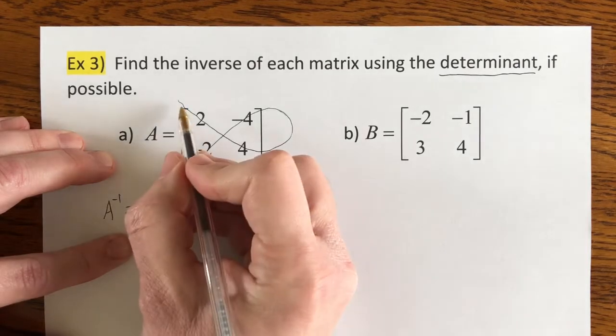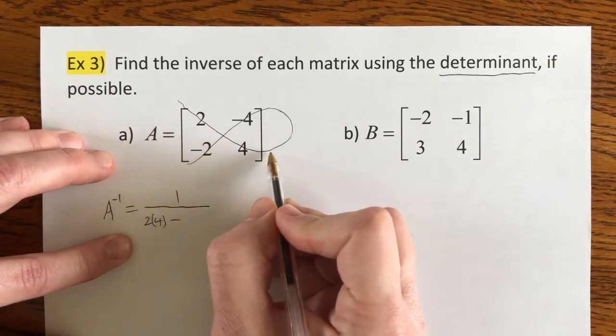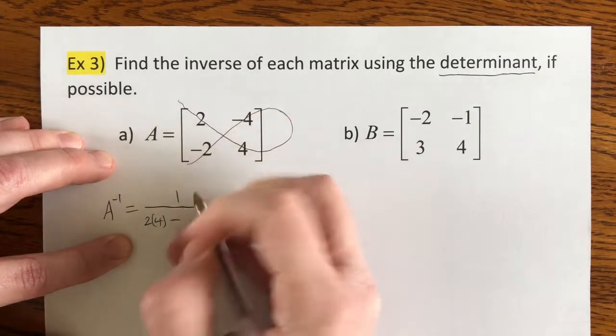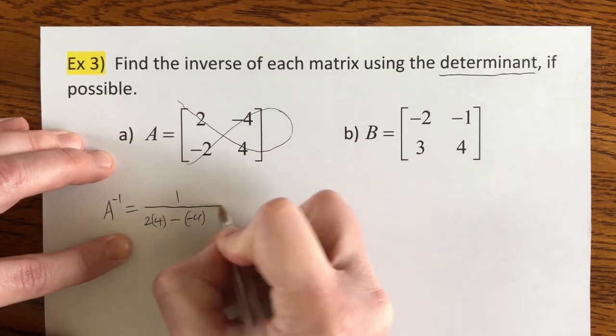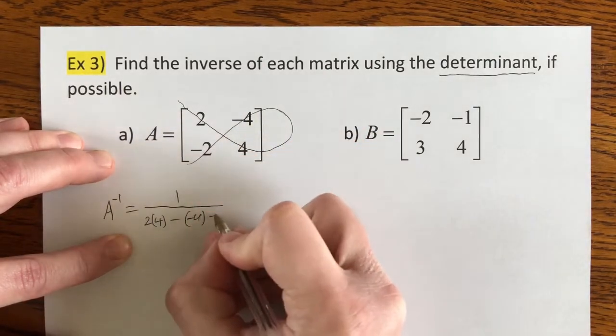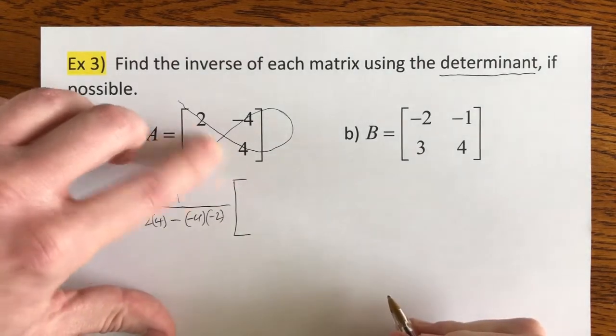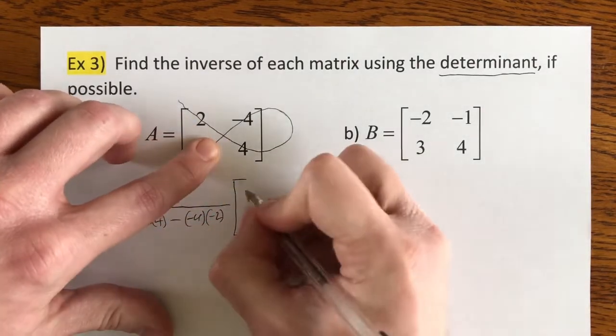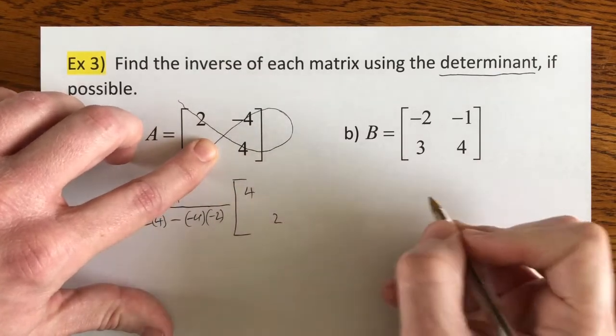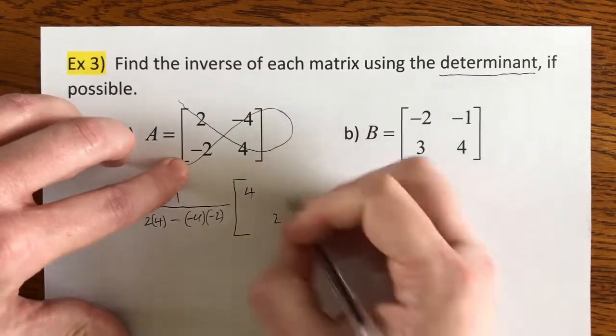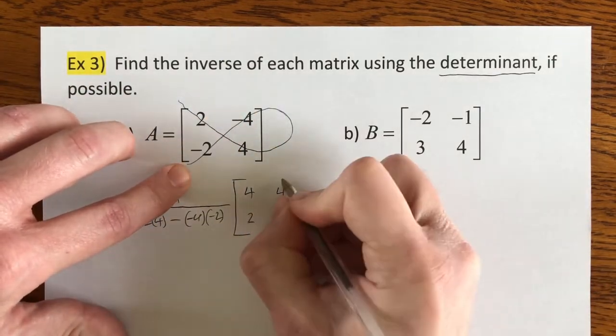That's what I'm showing you. So it's first 2 times 4 minus a -4 times a -2. Okay? And then we would actually multiply this by what? We would interchange the A and the D terms to give us that, then make the B and the C terms the opposite, which would give us this.